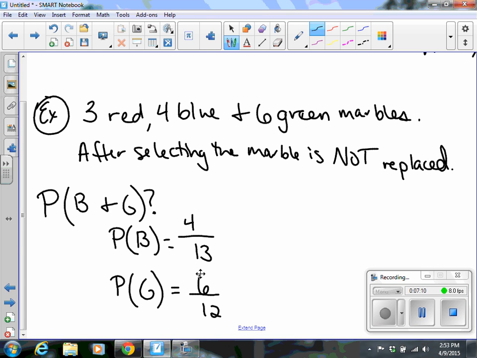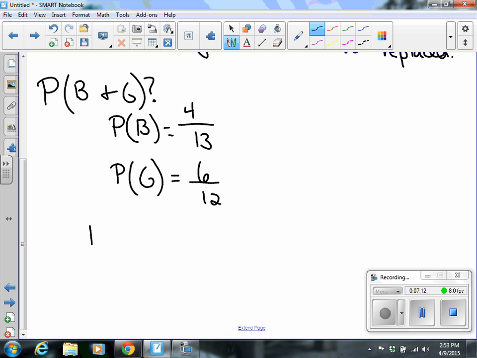So for the total here, I'm going to multiply those. So I have 24 over 156, which I believe reduces, because they're both even, down to 2 out of 13.